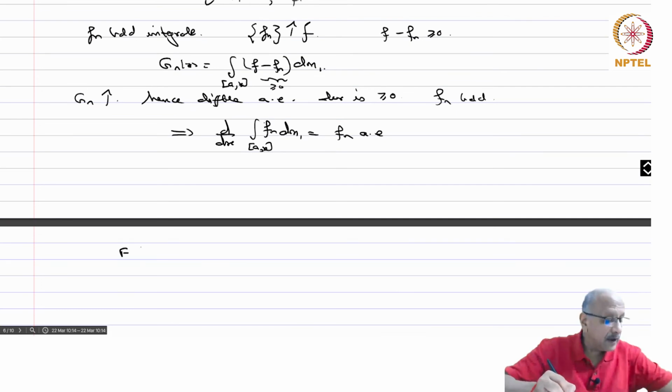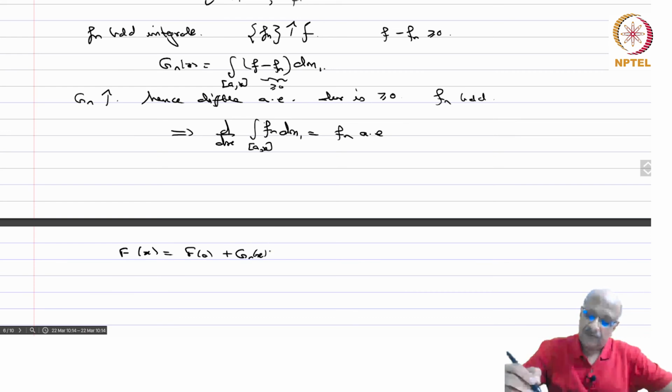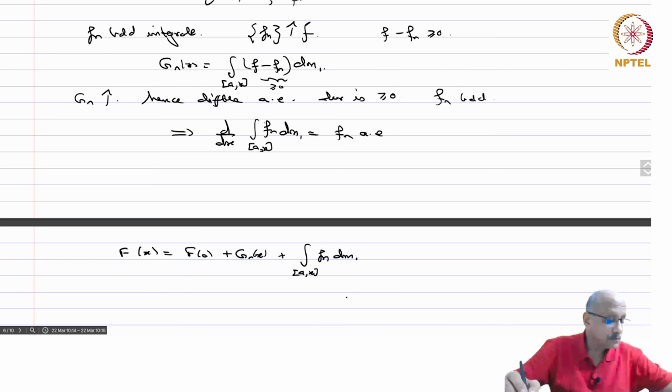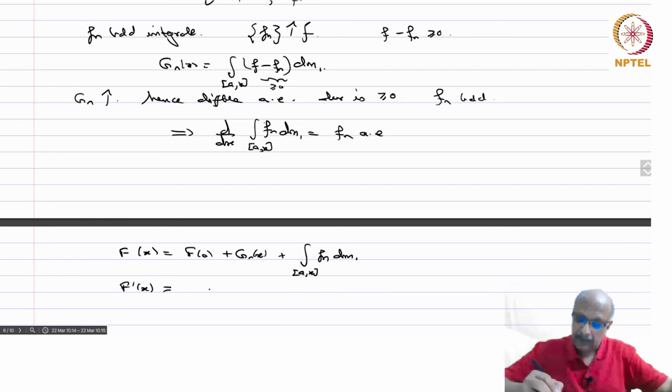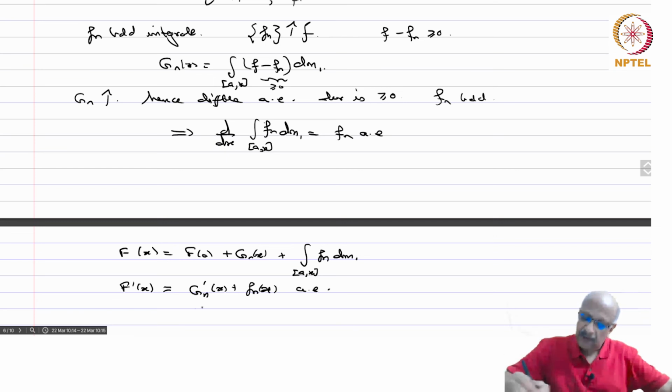Now I am going to write F of x equals F of a plus g_n of x, where g_n of x is the integral of f minus f_n, plus the integral from a to x of f_n dm1. Then F' of x, which exists almost everywhere because it is an absolutely continuous, uniformly continuous function, is g_n' of x plus f_n of x almost everywhere, and g_n' is greater than or equal to 0, so this is greater than or equal to f_n of x.